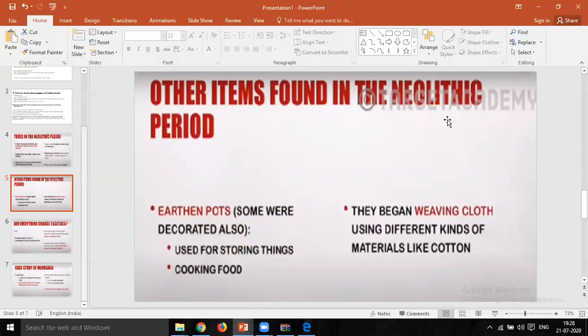And besides, they also began to weave cloth. That is the second point over here. They began weaving cloth using different kinds of material. For example, cotton was a kind of material that could now be grown.